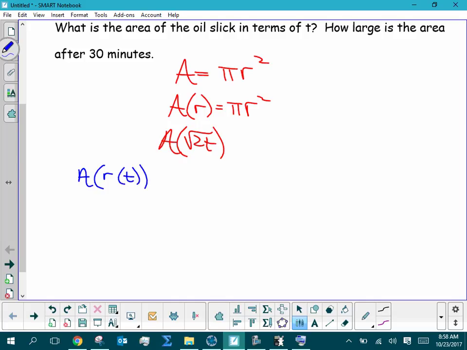Which, if we think backwards, is A composite R of T. So now, writing this out, I've got area, and this is my inner function, and that's going to represent what I plug in up here. So instead of R, I'm going to plug in square root of 2t.